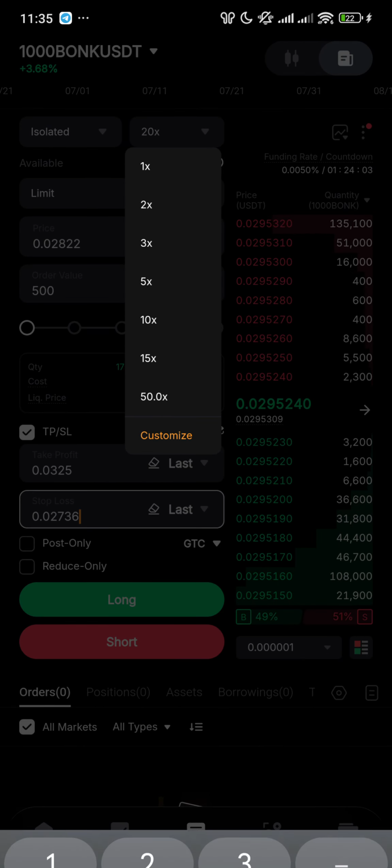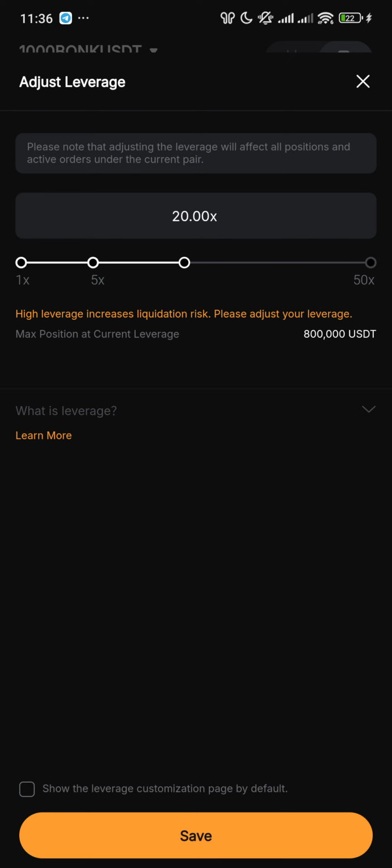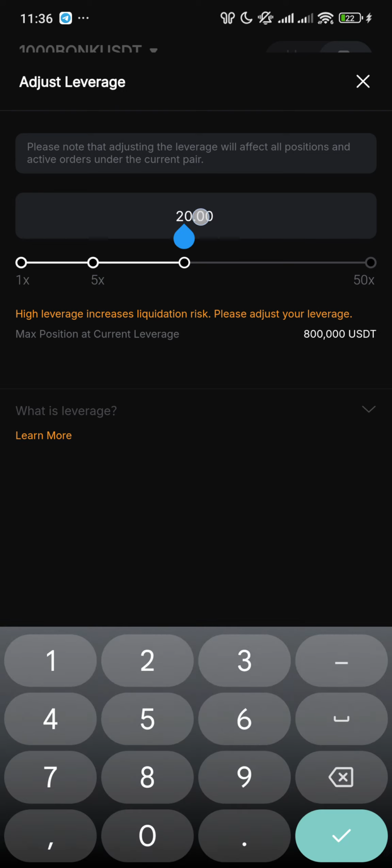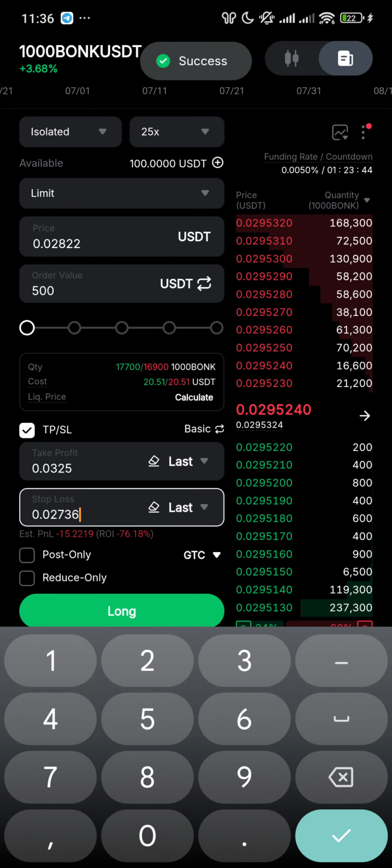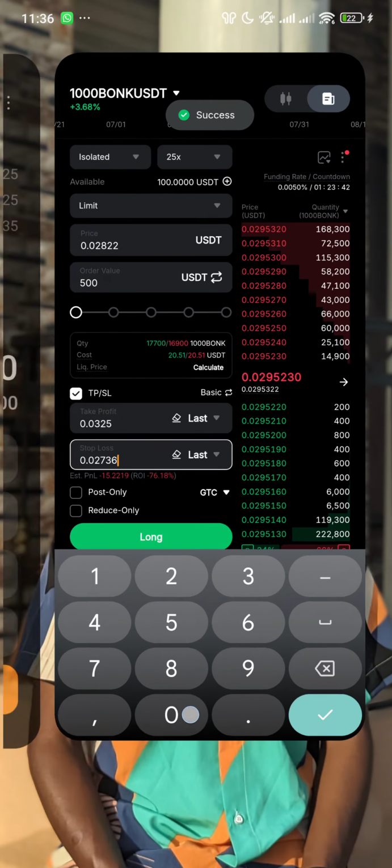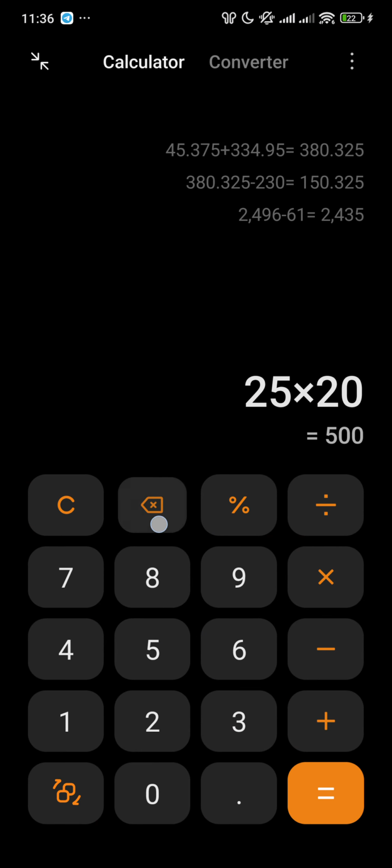So now let's customize this to 25x leverage. You can always type in the amount you want here. Then click on save. You can see the warning: high leverage increases liquidation, please adjust the leverage. So 25 times 25 should be around 750. Oh sorry, 625.